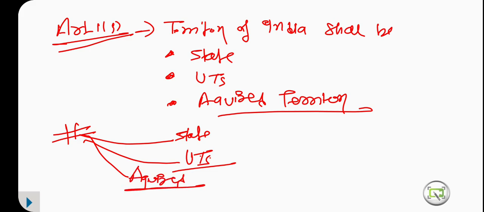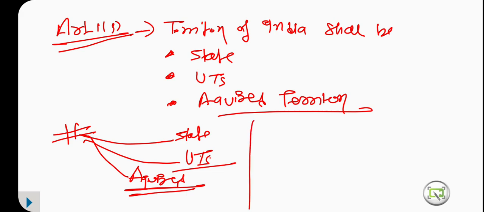What does it mean? It means that according to Article 1 clause 3, there can be three types of territory in India.